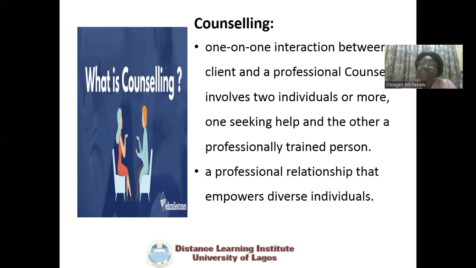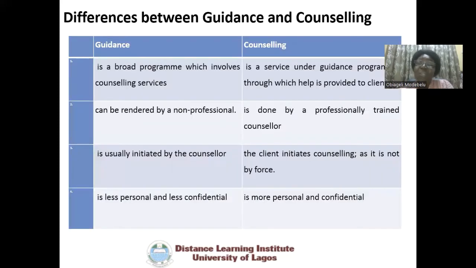And that is why you have different types of counseling. You have family counseling, school counseling, educational counseling, vocational counseling, individual counseling, and so on and so forth. And these are processes through which trained counselors or therapists assist people in living their life to the optimal best. So that is what counseling is all about.